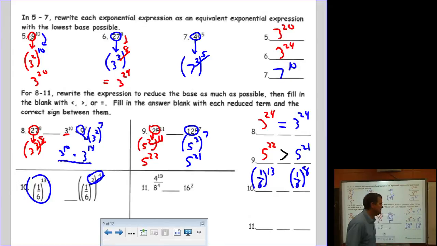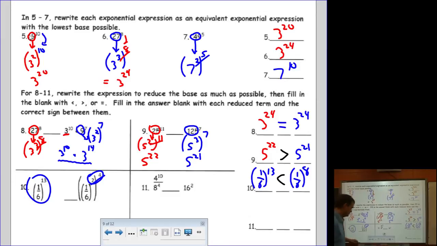And because we know that the more times you multiply a fraction together, the smaller it gets, 1/6 to the 8th would be bigger because 1/6 to the 13th has been multiplied together more times, making it smaller and smaller and smaller.